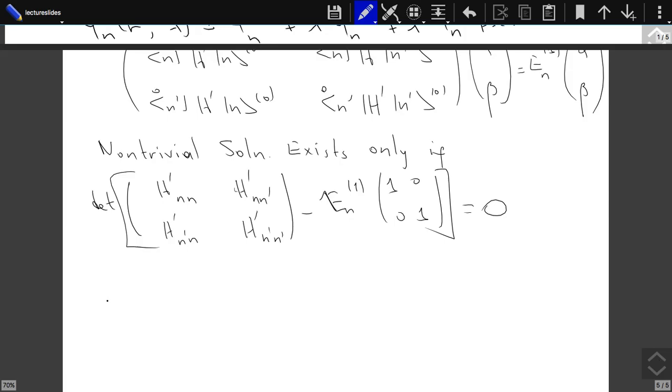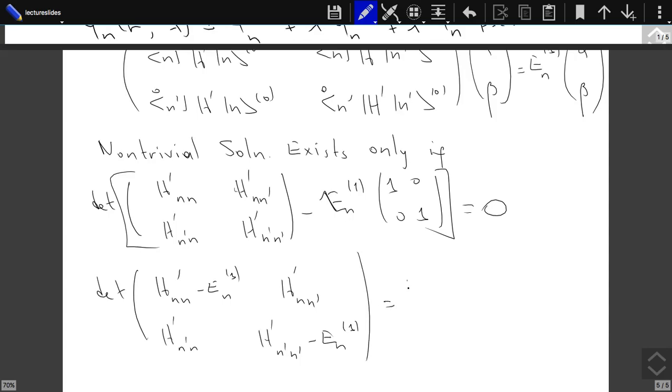So let's solve this. We have the determinant of H'nn minus En1, H'nn', H'n'n, H'n'n' minus En1. This is equal to (H'nn minus En1)(H'n'n' minus En1) minus the off-diagonal product.